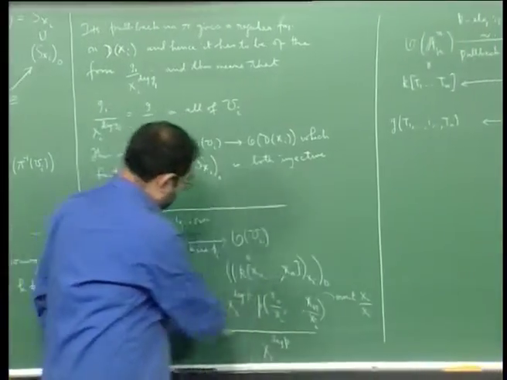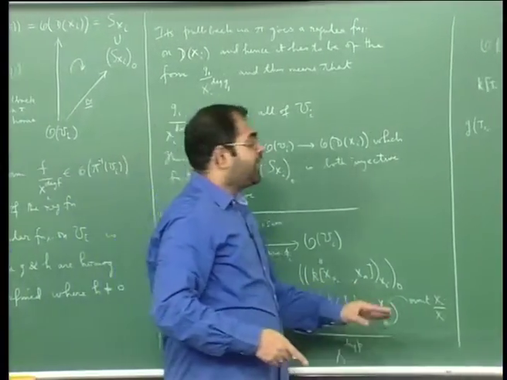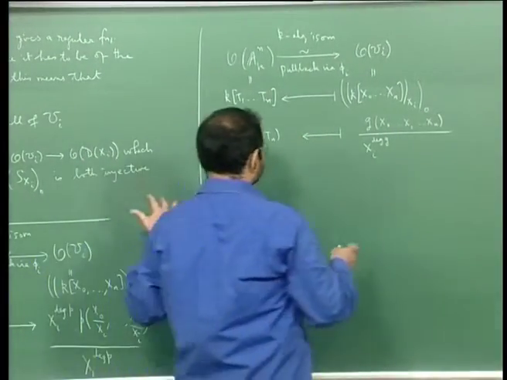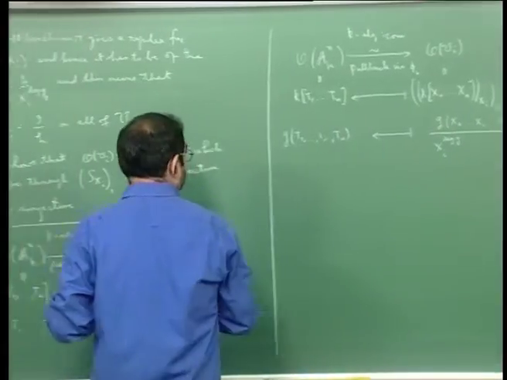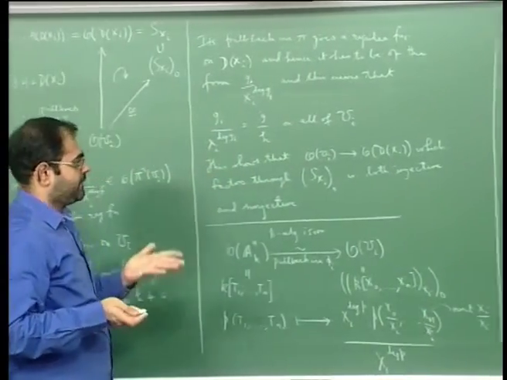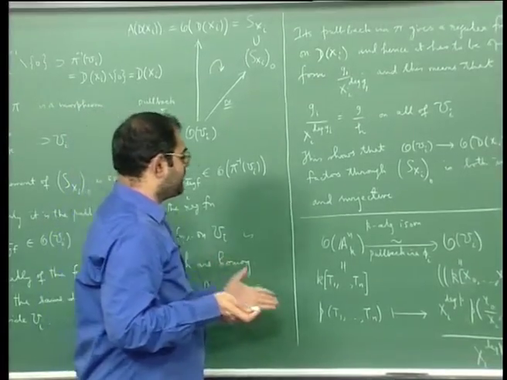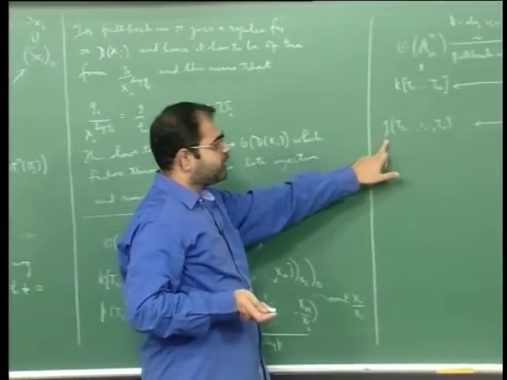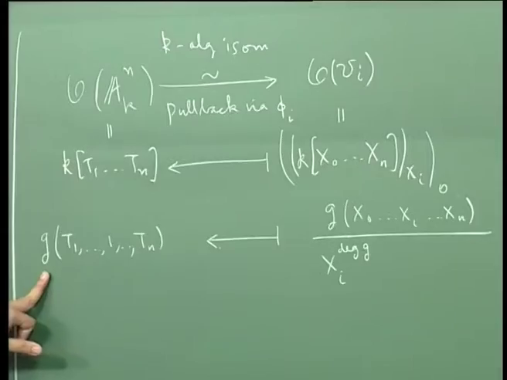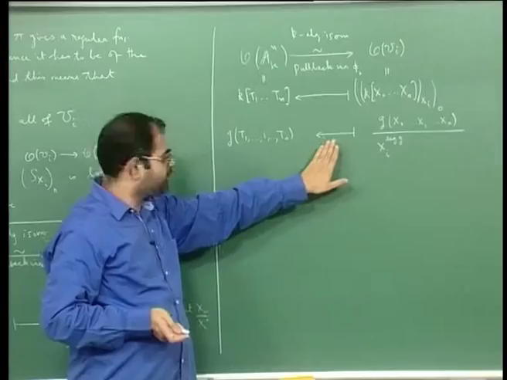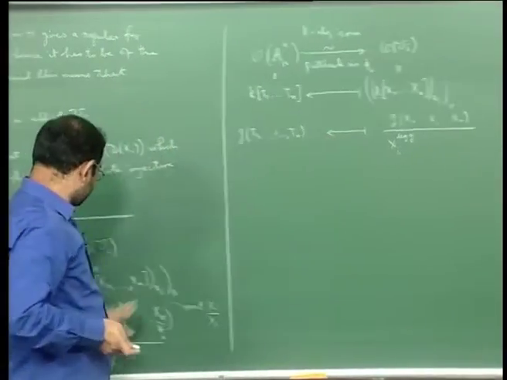So this map in this direction is given by homogenization, and this map is given by dehomogenization, and therefore the moral of the story is that, you can see that if I now start with this g and homogenize it and divide by degree g, I will simply get back this. So you can very easily see that this is the inverse of this map.